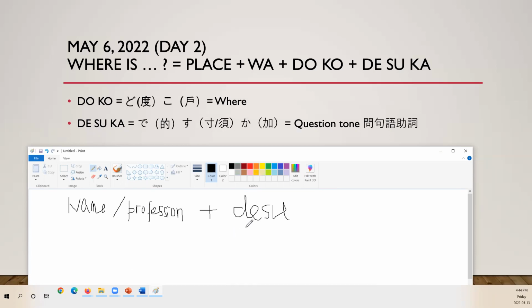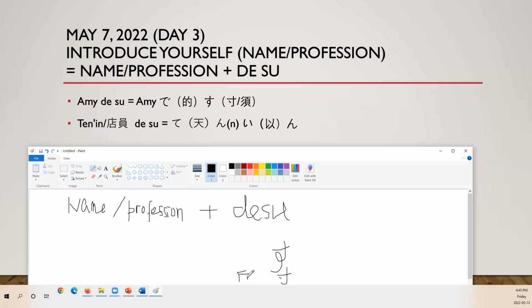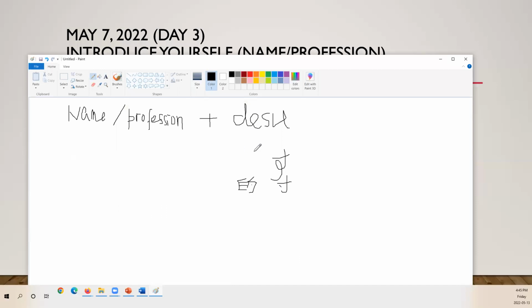But this is more like a statement, right? So we learned about it just now, and then we know that the kanji is this, and the hiragana is this, right? And then we just learned about it, and it has two dots. It's like this, I think, right?